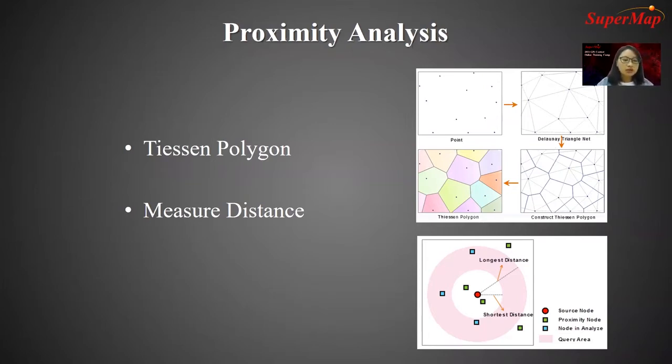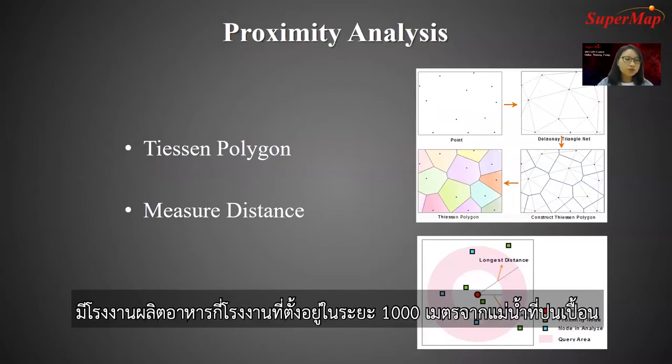Also here is another example about how many food production factories are within 1,000 meters of a polluted river.